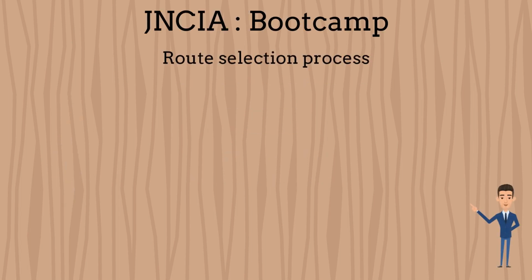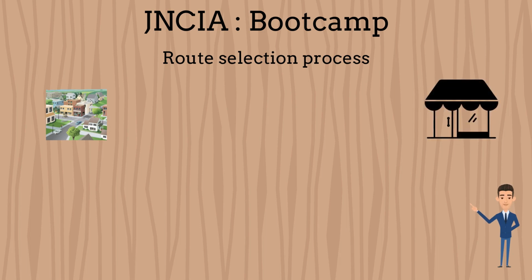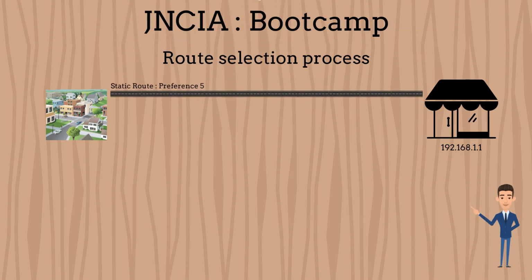Route selection process. Here we have our LAN, and we also have our coffee shop with the IP address 192.168.1.1. We have 3 routes from the LAN to the coffee shop. We have our static route, which has a preference of 5.